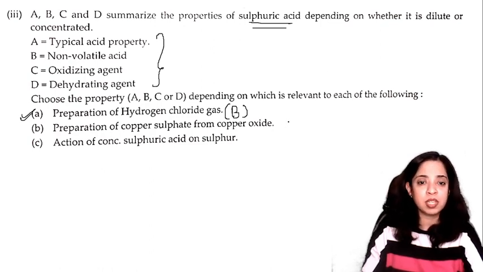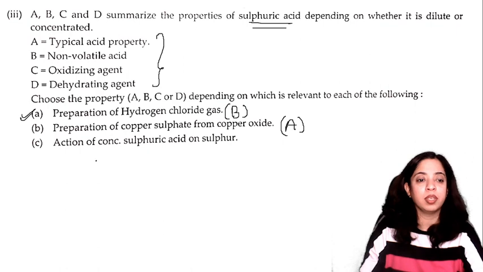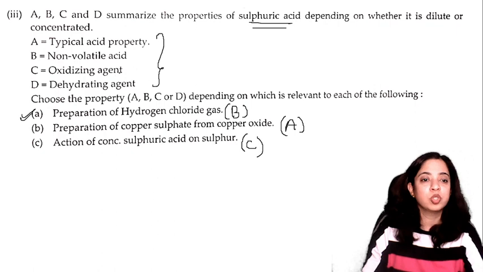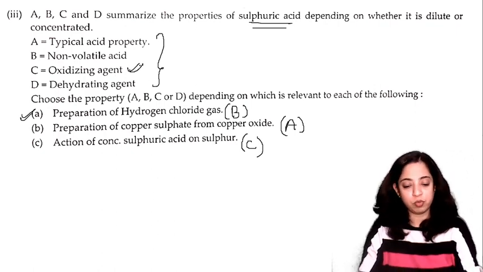When we are making copper sulfate from copper oxide, you will use the typical acid property. Okay, A, typical acid property. Action of concentrated sulfuric acid on sulfur. Sulfur will be oxidized, so oxidizing agent. So C, oxidizing agent will be used.